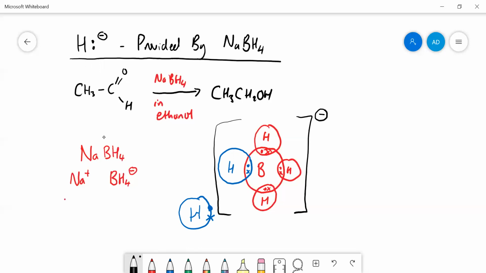When you're drawing the mechanism, you don't have to draw how this BH4- ion is reacting. It's okay just to write down the hydride ion reacting with the carbonyl compound. But that is what the hydride ion is.